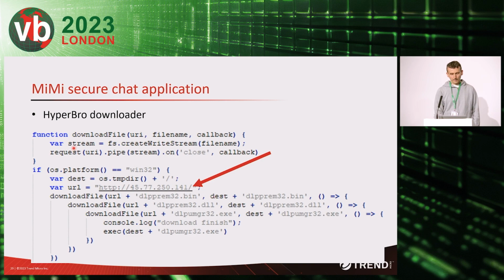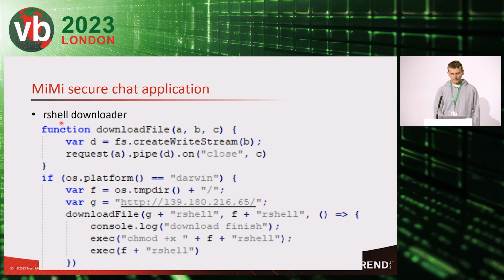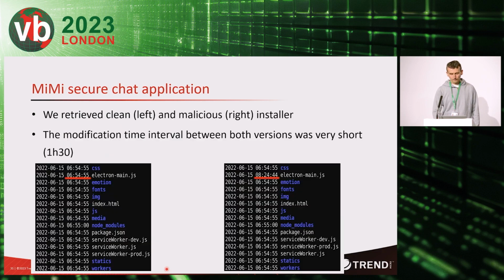In this case, the payload was Hyperbro, a custom backdoor of the Iron Tiger threat actor. For the macOS version, it's similar. Again, it checks the platform for Darwin, which is macOS, with a hard-coded IP address. One file gets downloaded, made executable with chmod plus x, and executed at the end.